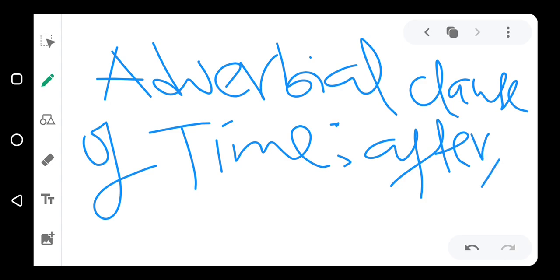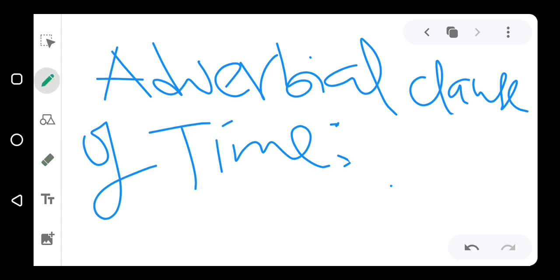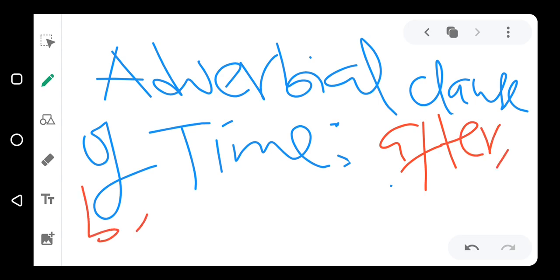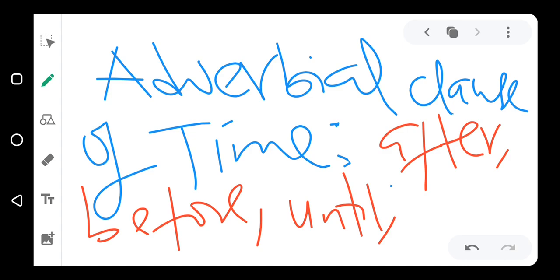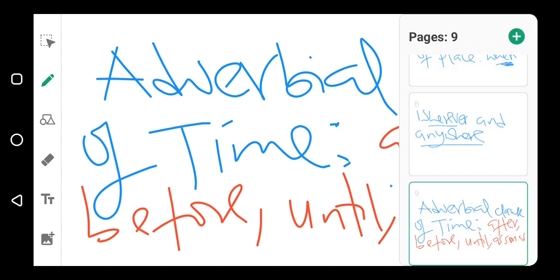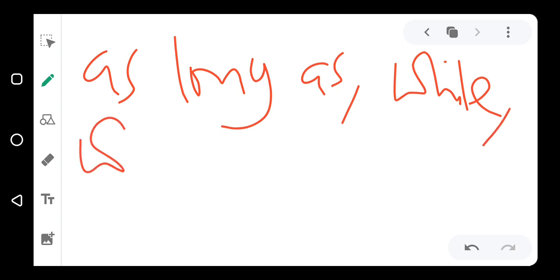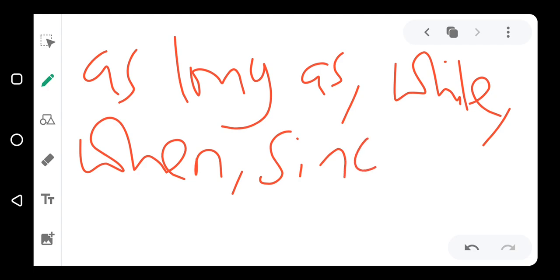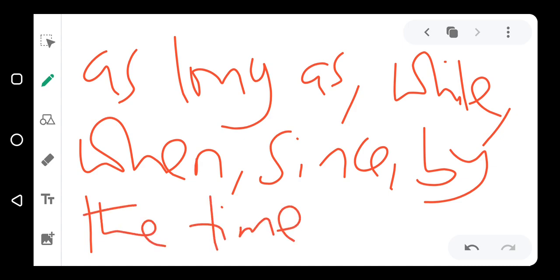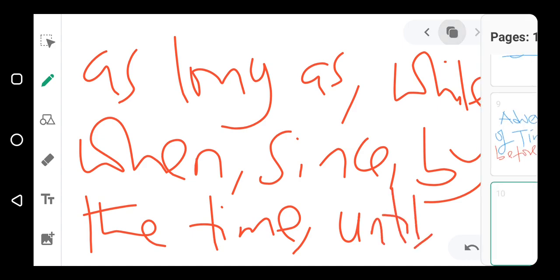The markers are after, before, until, as soon as, as long as, when, since, by the time, until, and before.